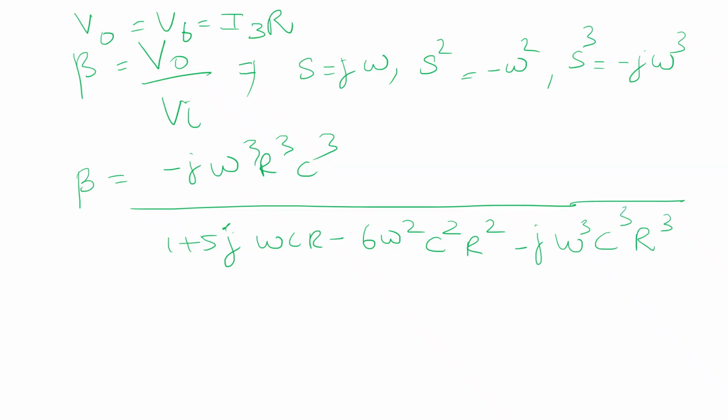Now, in order to find the value of the frequency, the real parts and the imaginary parts can be equated separately, and then beta is equal to 1 divided by 1 plus 6j alpha minus 5 alpha square minus j alpha cube.